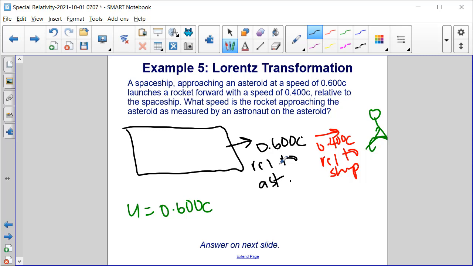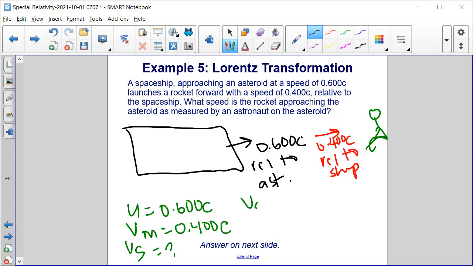Now the velocity of our moving reference frame is the speed of the rocket, because it's relative to the moving reference frame, the ship. The ship is moving, right? So we need the velocity from the perspective of the stationary reference frame of the asteroid.